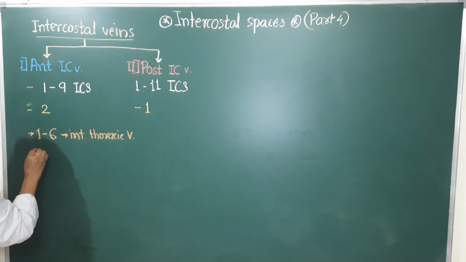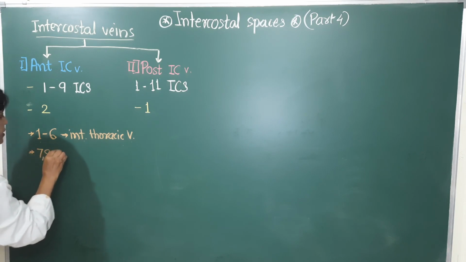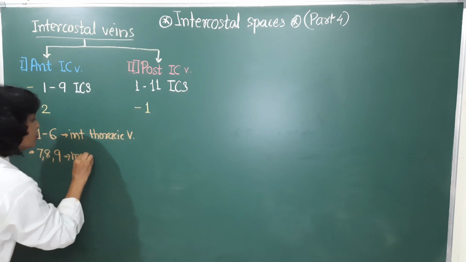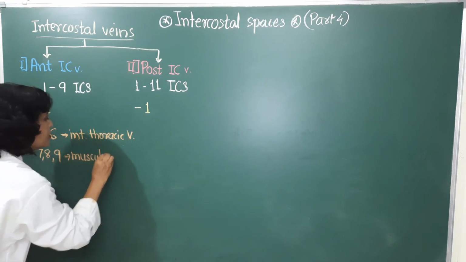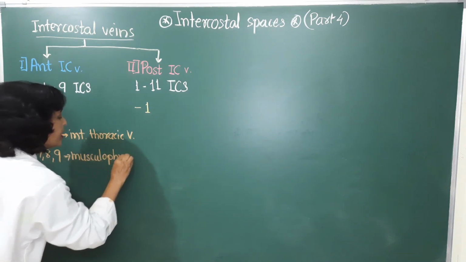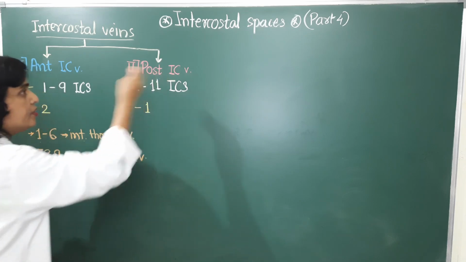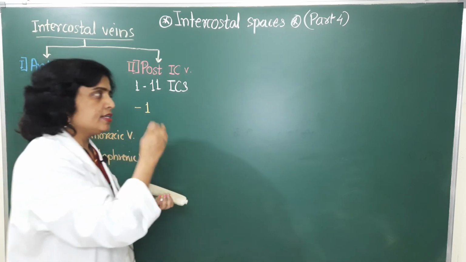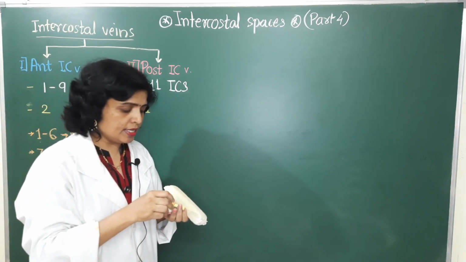The 7th, 8th and 9th anterior intercostal veins drain into the musculophrenic vein.